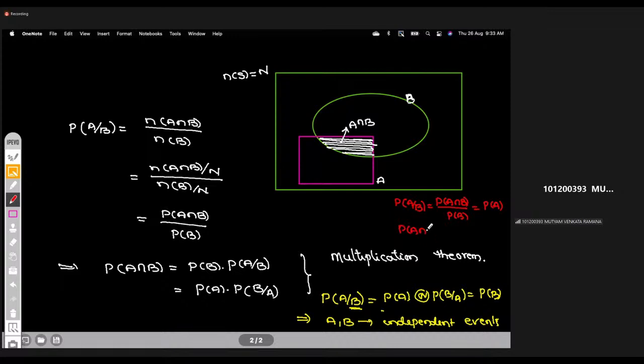Probability of A intersection B is equal to probability of A into probability of B. These are called independent events. So when they are independent, probability of A intersection B is equal to probability of A into probability of B.